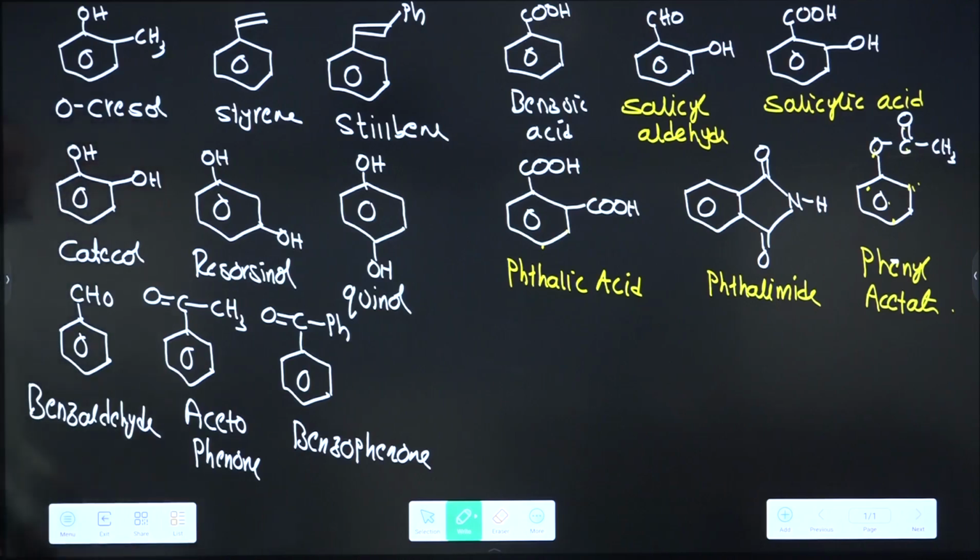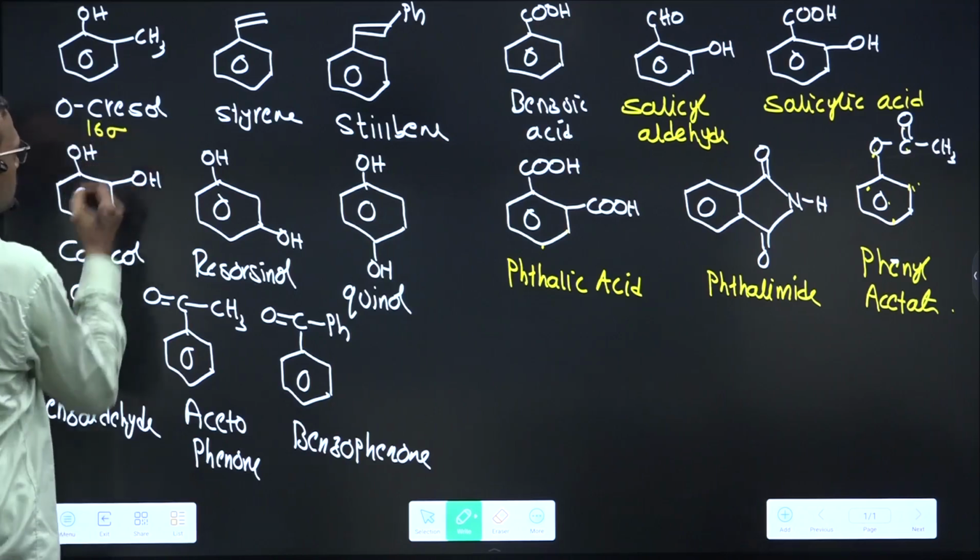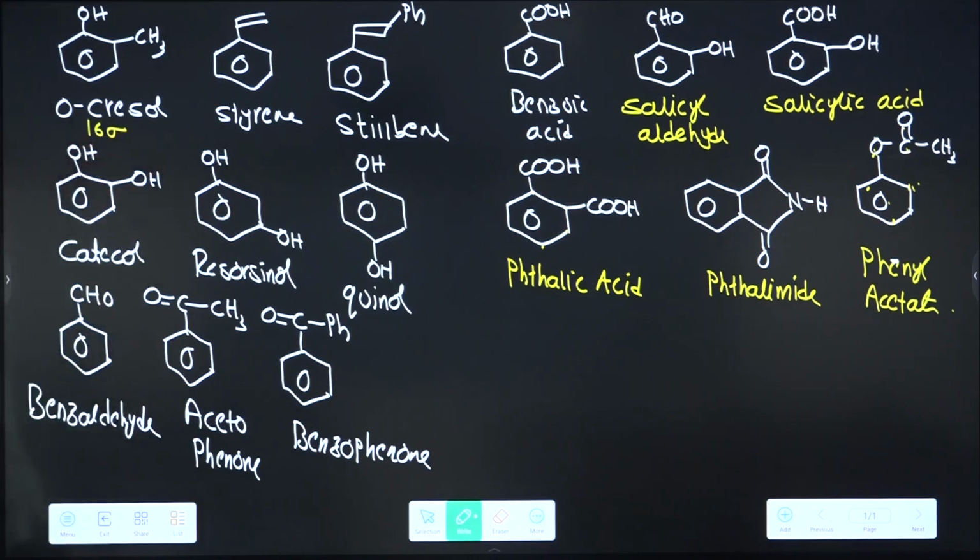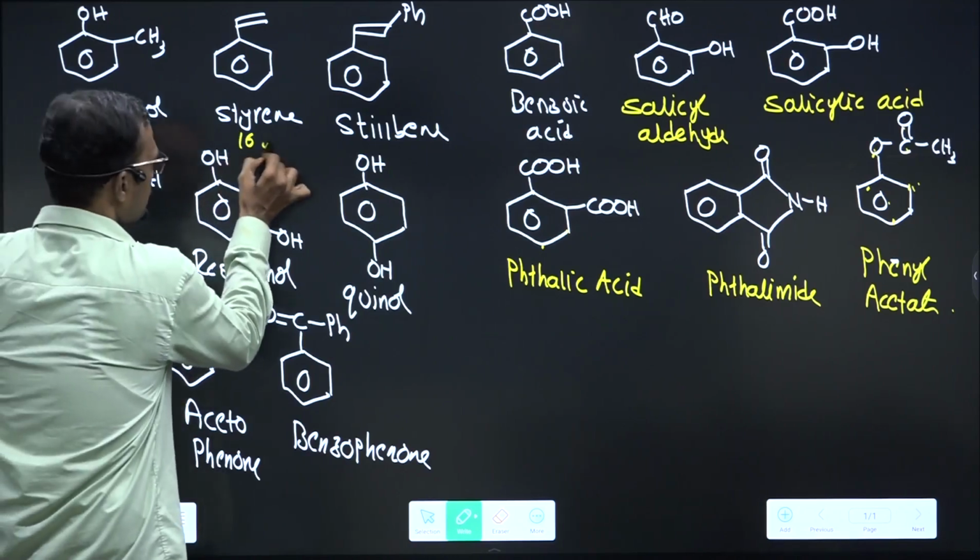Just calculate the number of sigmas. Will you calculate? Here, how many sigma bonds are expected in cresol? 16. Only a few examples I will explain, the remaining you work out. This is 16. How many sigma bonds in styrene? 16. Stilbene?